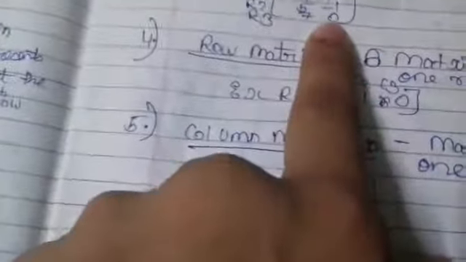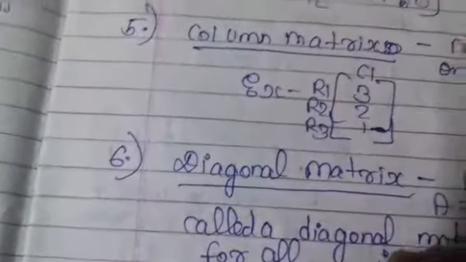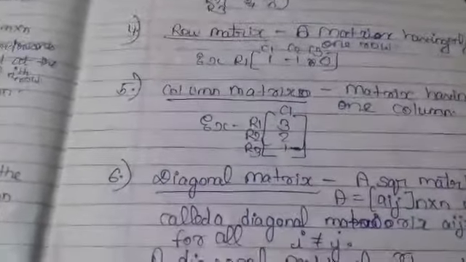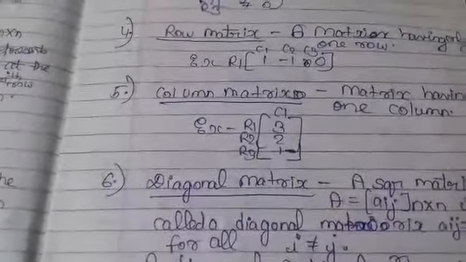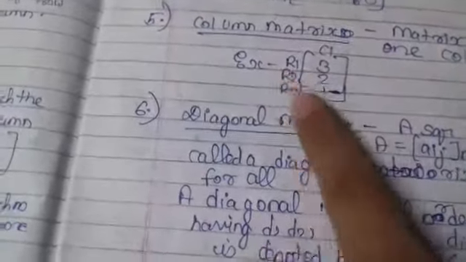Here there are 3 rows but 2 columns. Row matrix: a matrix having only one row is called a row matrix. Column matrix: a matrix having one column is called a column matrix, one column and 3 rows.